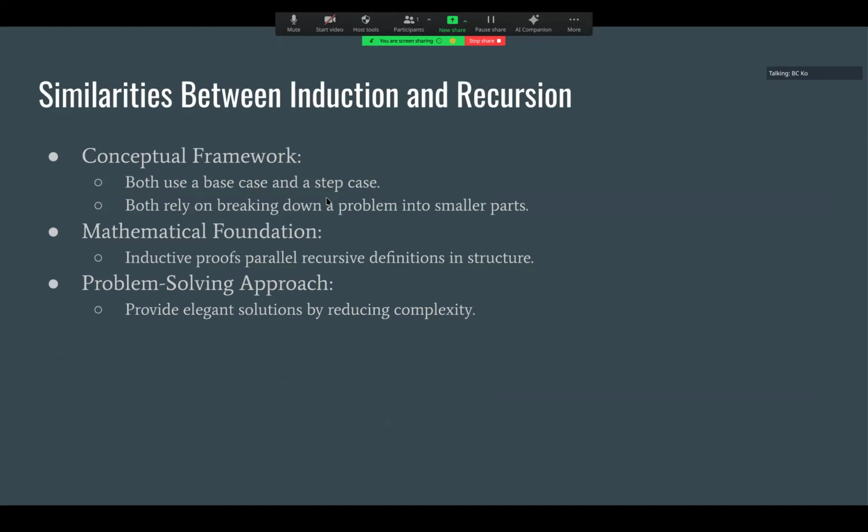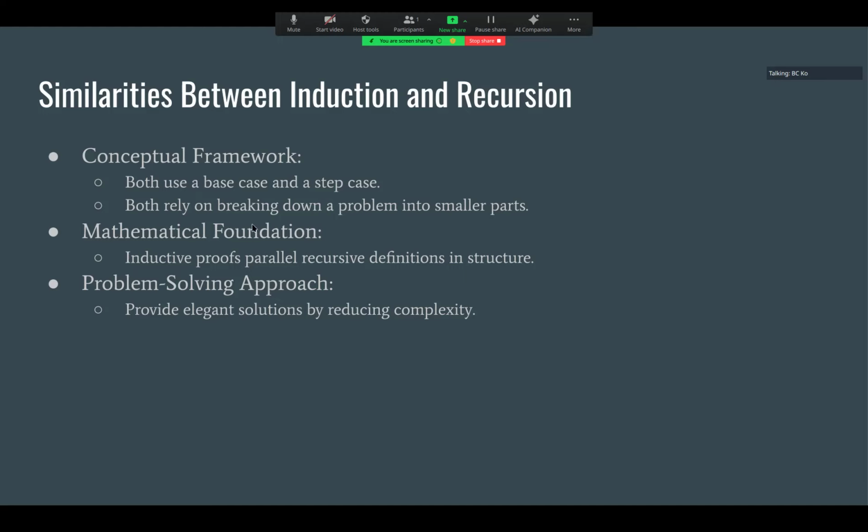Similarities between induction and recursion. Induction and recursion share several similarities. Conceptually, both use a base case and a step case to solve problems. They rely on breaking down a problem into smaller, more manageable parts.